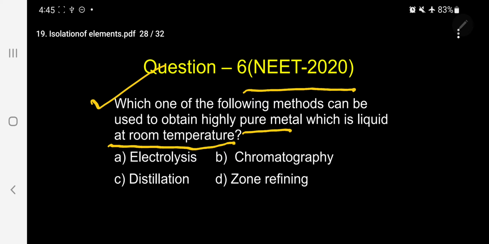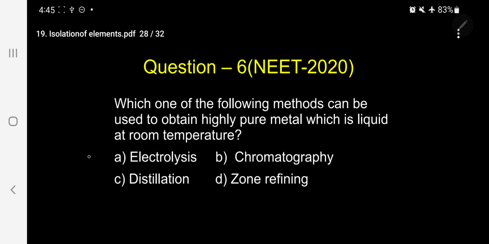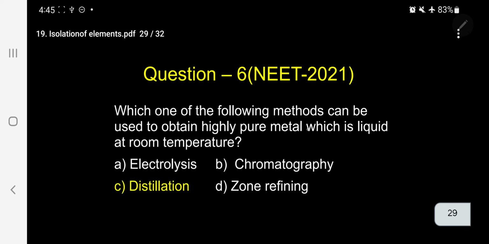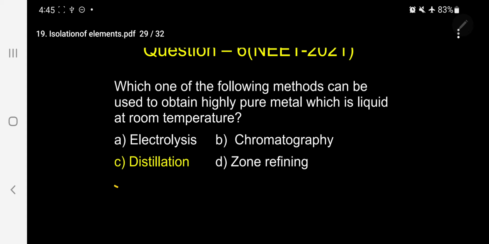Only mercury. So for mercury, how will you purify it? Normally distillation will be the method. Easy. Options given are A. Electrolysis, B. Chromatography, C. Distillation, D. Zone refining. So the correct answer is C. Distillation is the correct answer.